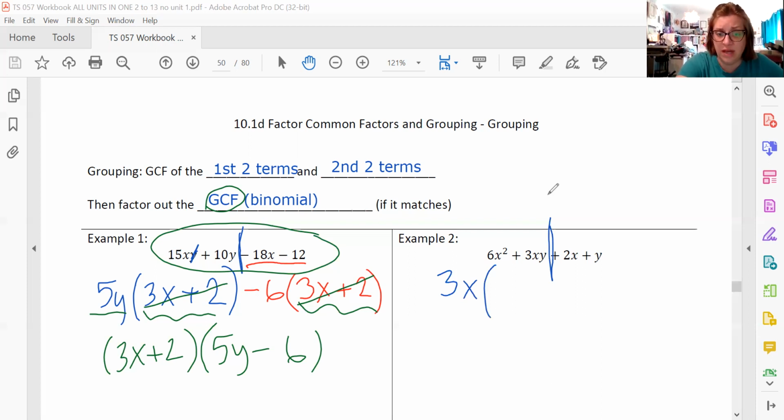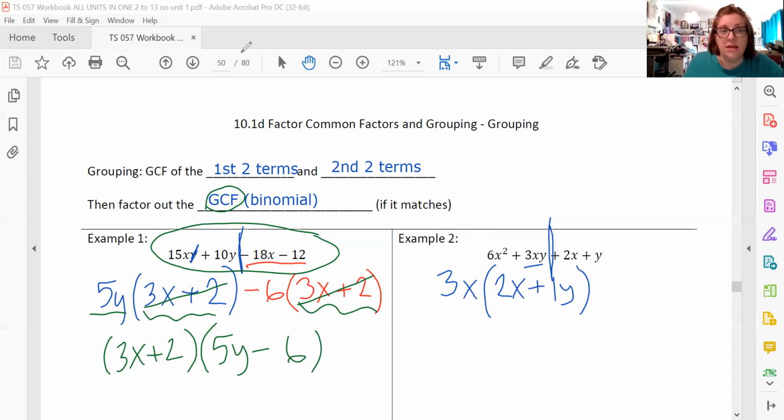6 divided by 3 is going to be 2. x squared divided by x will leave me with x. And then I go on to the next one here. 3 divided by 3 is just 1. xy divided by x just leaves me with y.